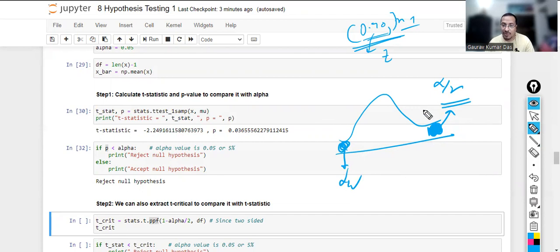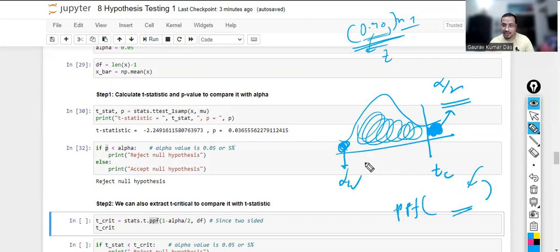Now, if I want to find out this value, T critical, what will I do? If I have to use the PPF function, it takes in the probability which is enclosed by the critical value which we need to find out, right?